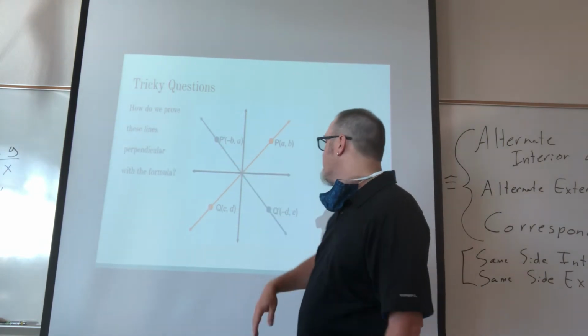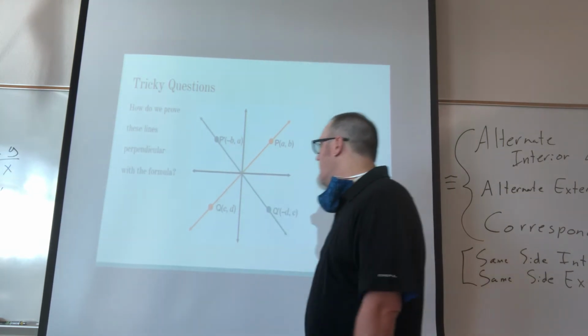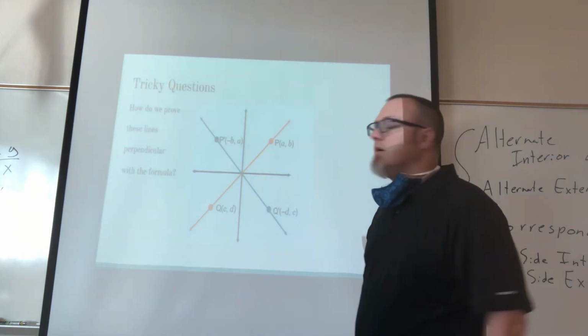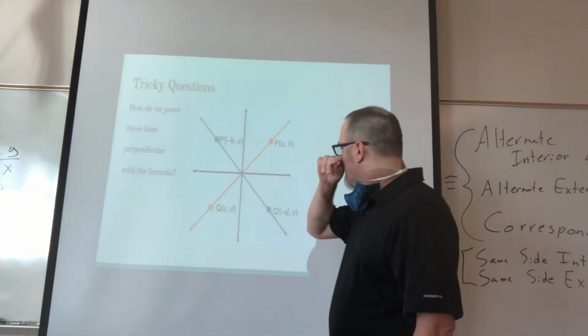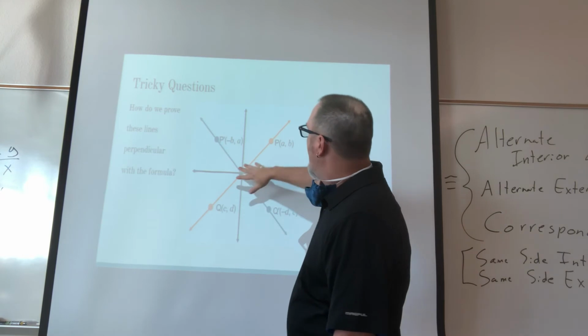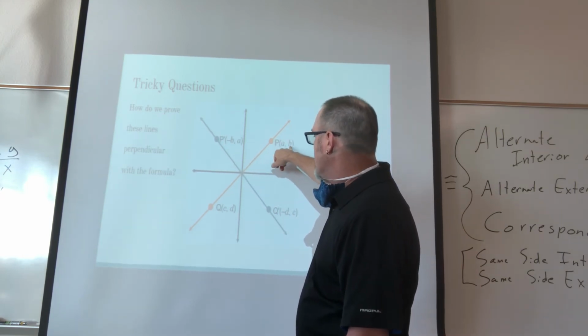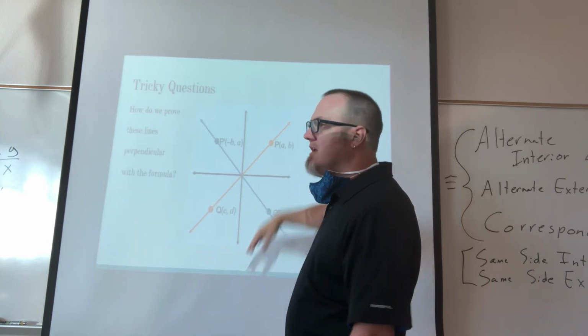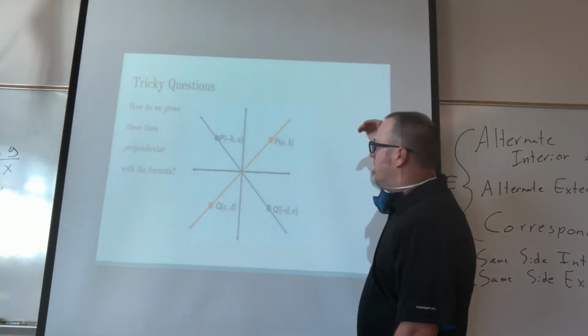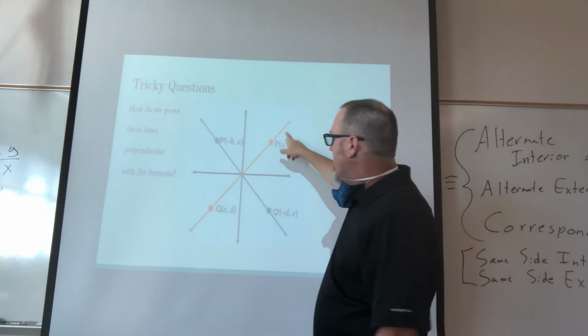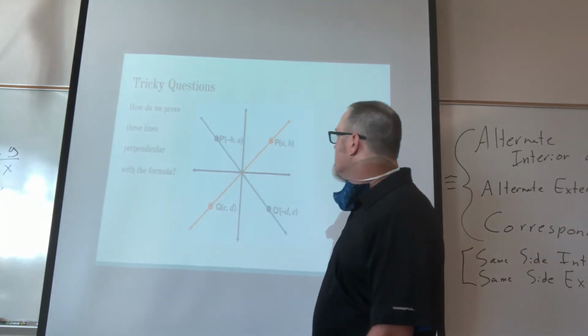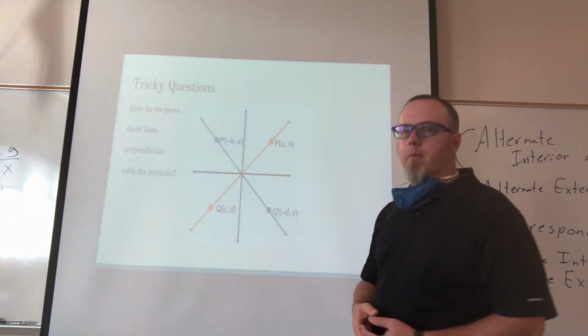C minus A on the top, -D minus B, or -D plus B on the bottom, and the other one would be the second y, so B minus D on the top of the other, and then A minus C on the bottom.